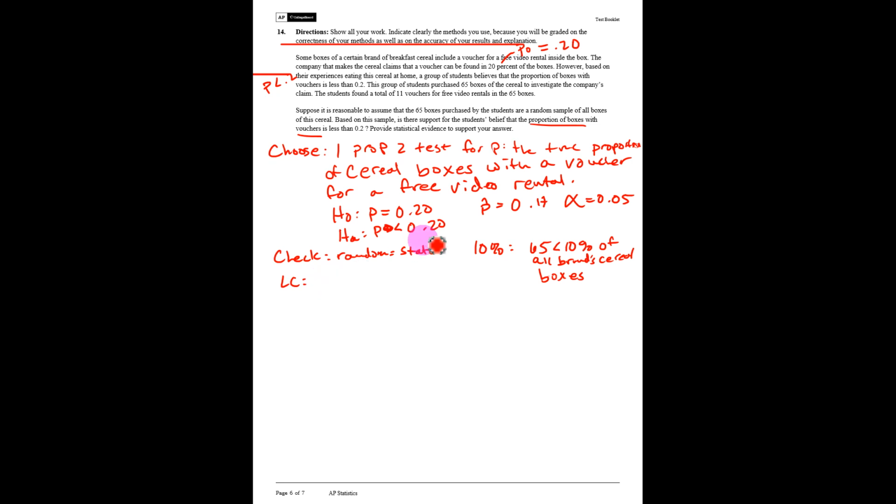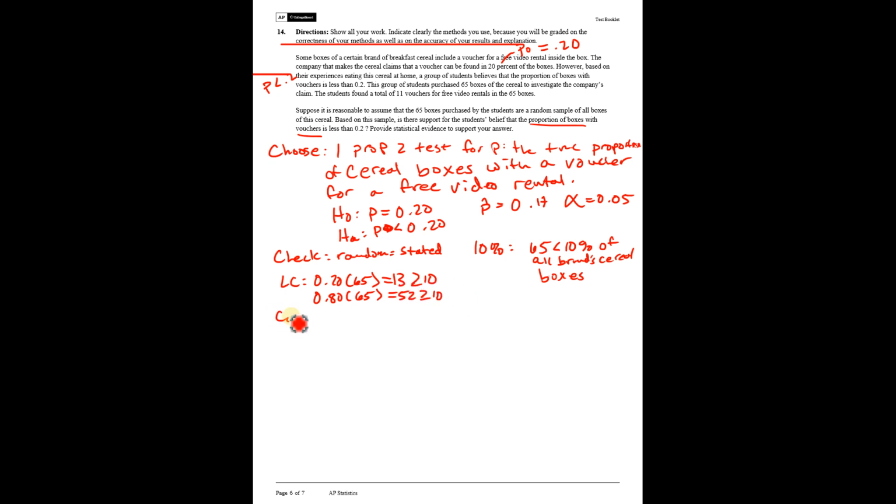So we're going to use P, our assumed, times 65 as a number. I don't actually know what it is off the top of my head, but I'm pretty sure it's greater than 10. Is 13 greater than or equal to 10? And 0.80, 1 minus 0.2, times 65, or that was 13, should equal what? 52, which is greater than or equal to 10.